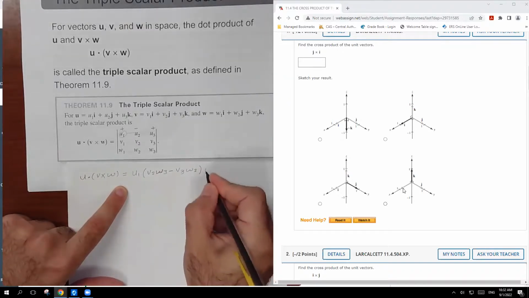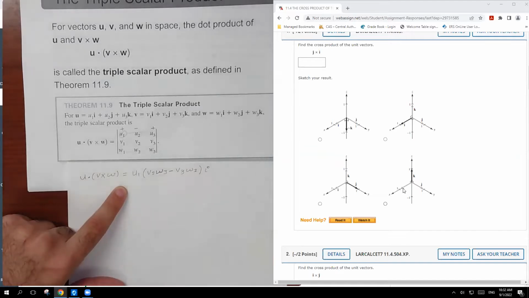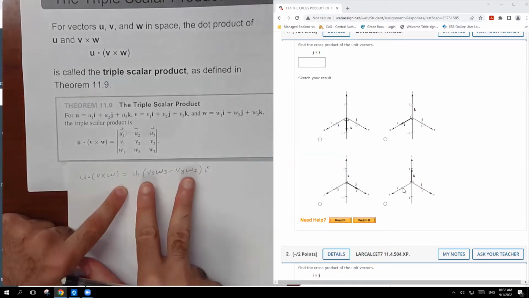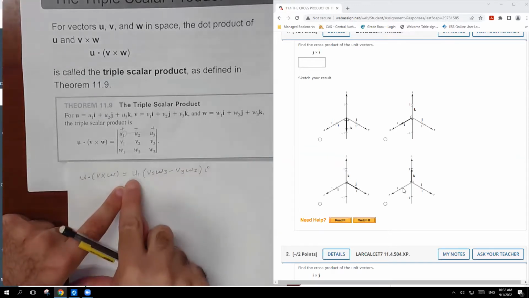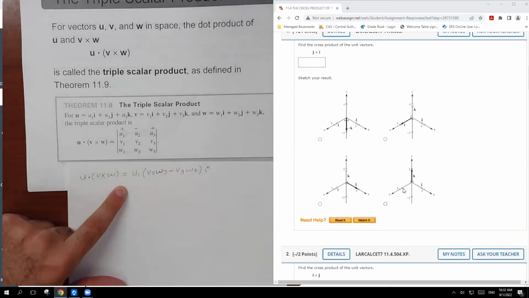This is for the I. That's the difference, which means you get a number from here, then you multiply U1 by this number. Now let's go with the J.